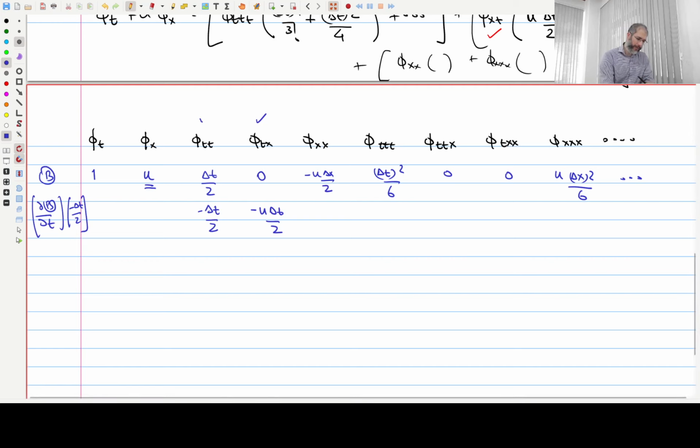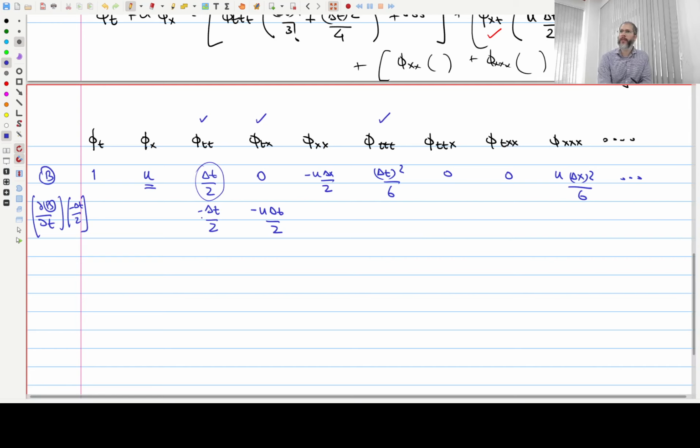The third one was phi double t. You take a derivative and generate the phi triple t term. The coefficient of phi double t was delta t by 2, and you multiplied that by minus delta t by 2. So that becomes minus delta t squared by 4.